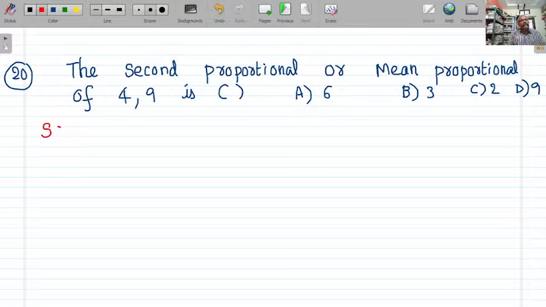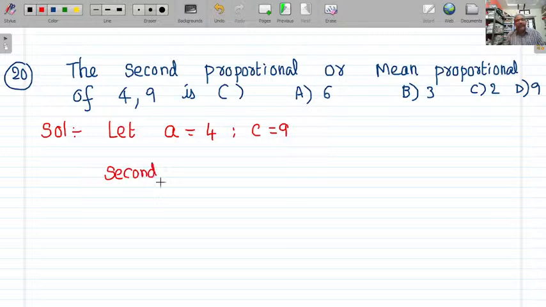So my dear students, let us say A is equal to 4 and C is equal to 9. So now the mean proportional, second proportional, is equal to B is equal to square root of AC.